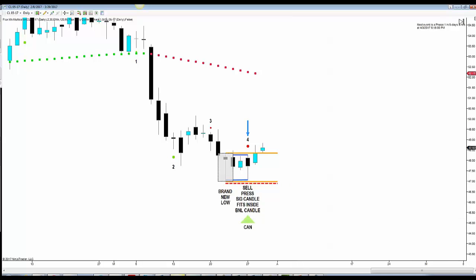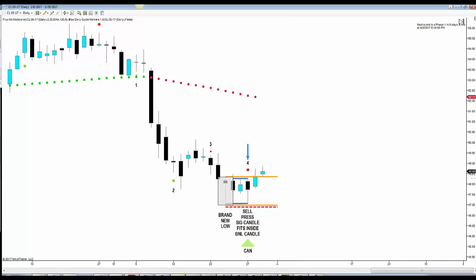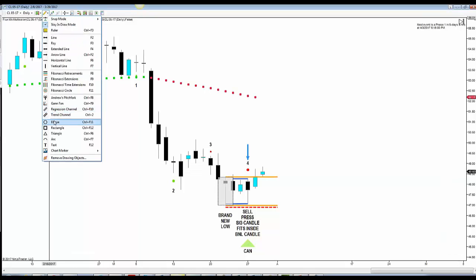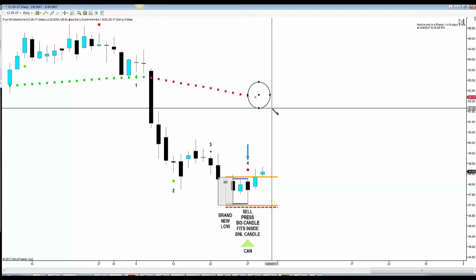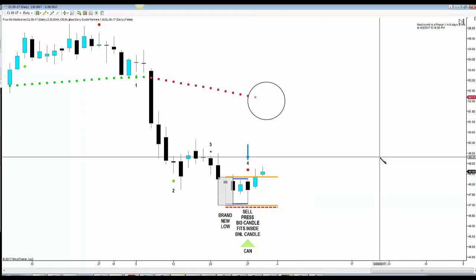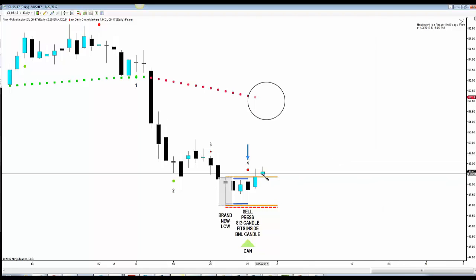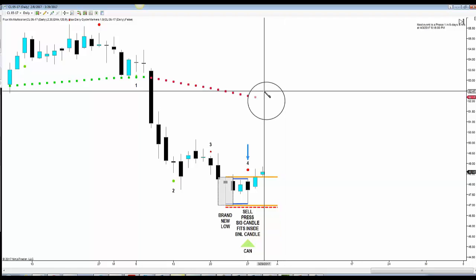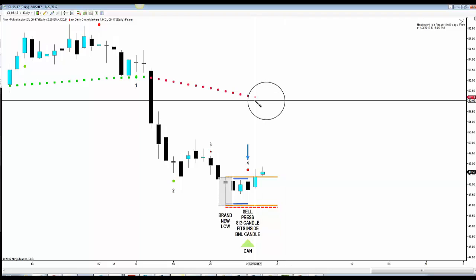The expectation when you see a Canaveral is almost always a homecoming trip to the moving average. In this case, I use a 120 EMA.